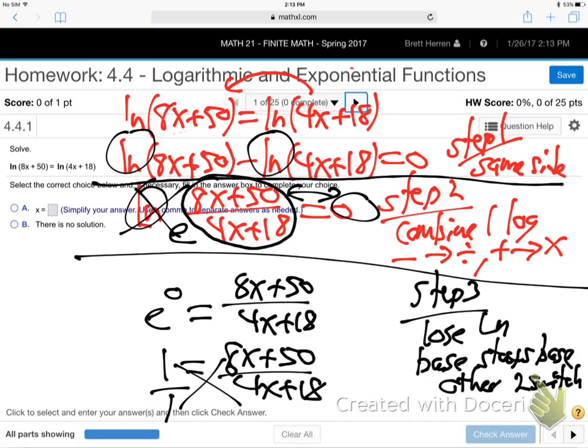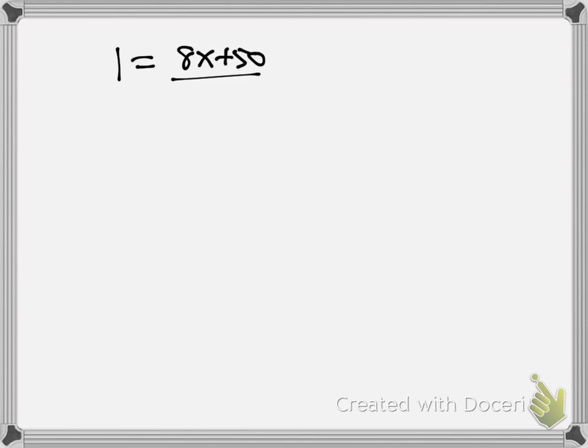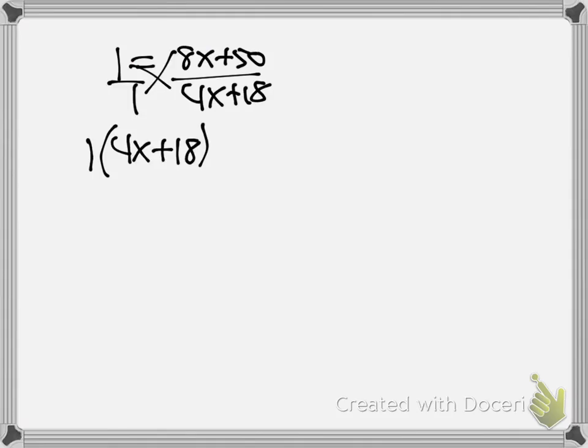So what is that? 8x plus 50. So 1 equals 8x plus 50 over, what was it? 4x plus 18, okay. 4x plus 18. So put that over 1, diagonal, diagonal.